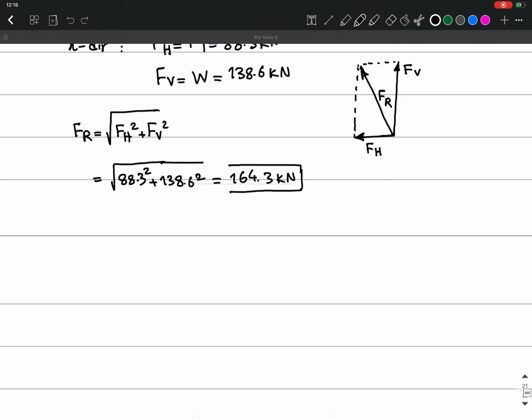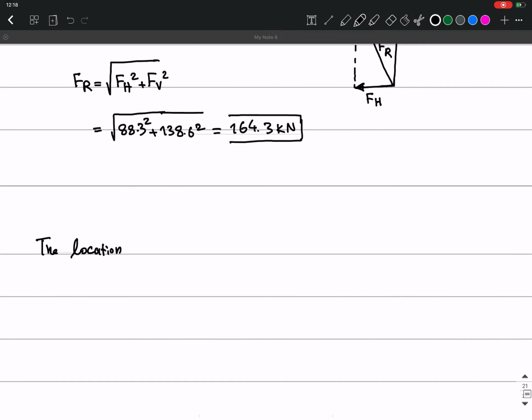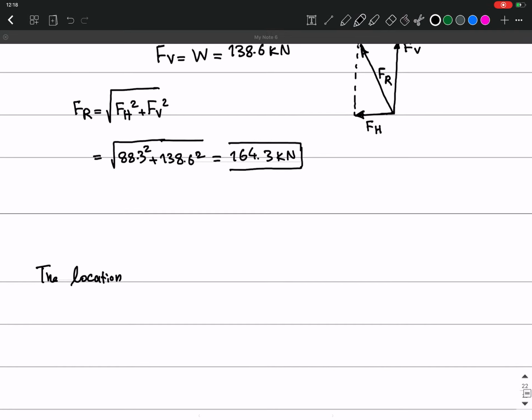So the location of this force, I can find as follows. I know the geometry, so let me show the geometry. We have this quadrant of a circle.